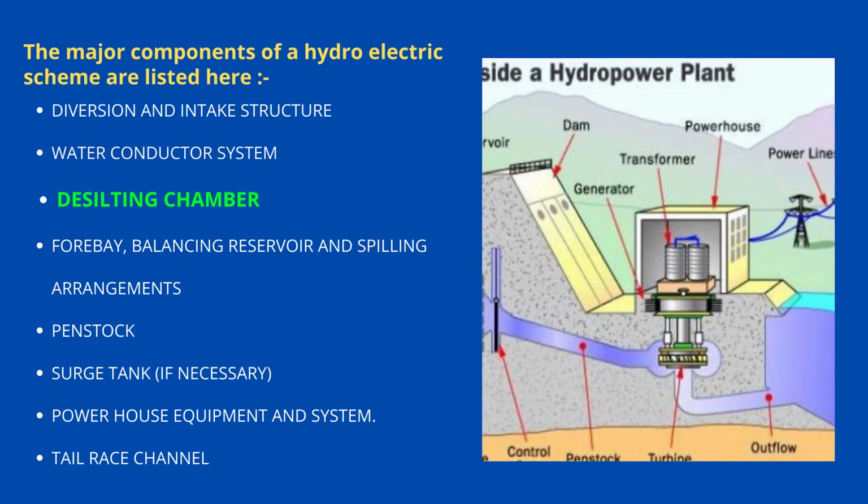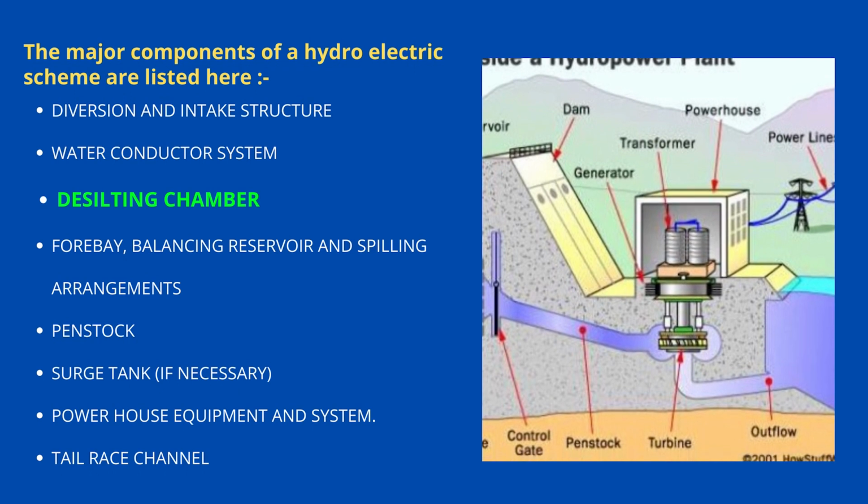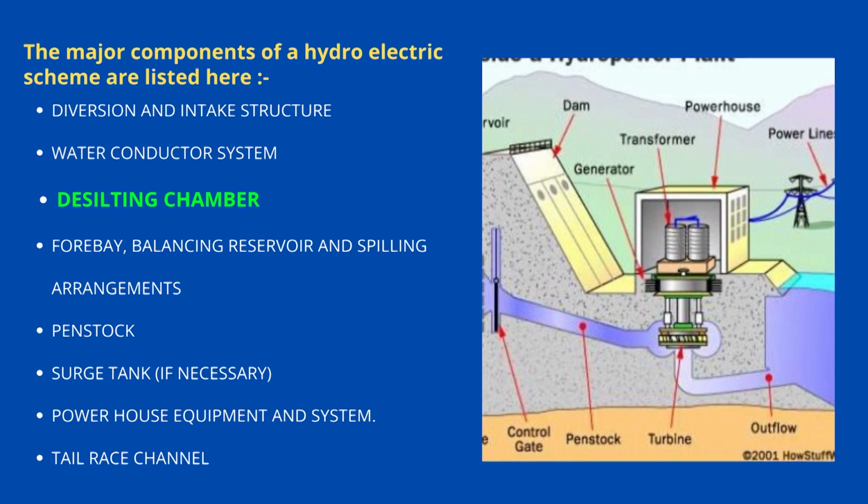Now, the third component is desilting and sediment controlling actions. Sediment control by excluders or ejectors is accomplished using the following devices. Settling basin is one of the most effective devices for removing sediment particles from the flowing water.